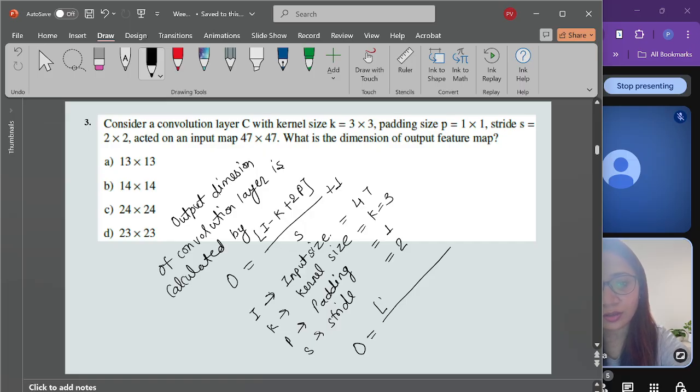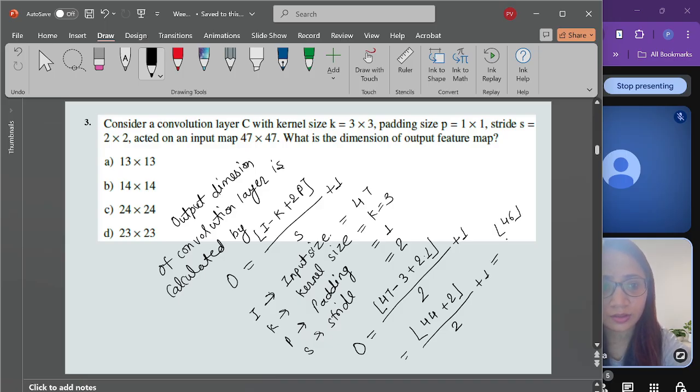So this I, that is 47, minus 3 plus 2 into P, that is 1, divided by S, that is 2, plus 1. So 47 minus 3 is 44 plus 2, divided by 2, plus 1, or you can say 46 divided by 2 plus 1, or directly you can write 23 plus 1.